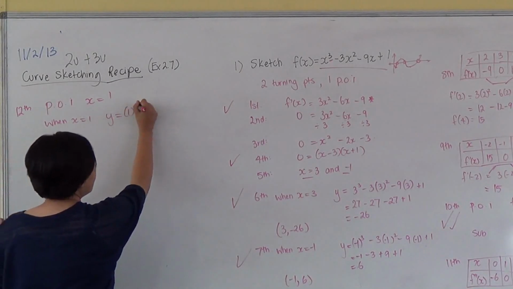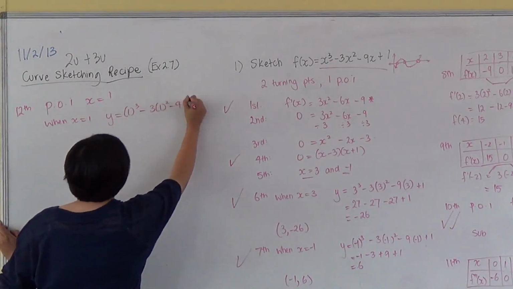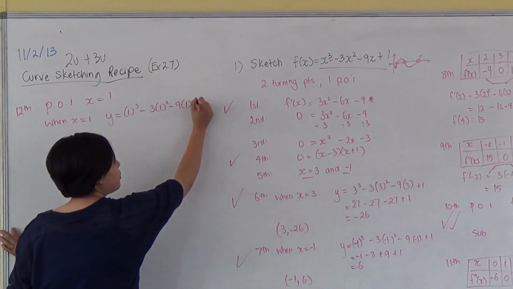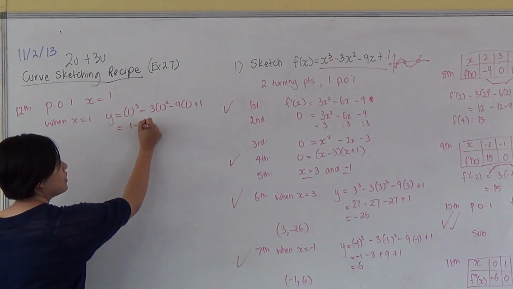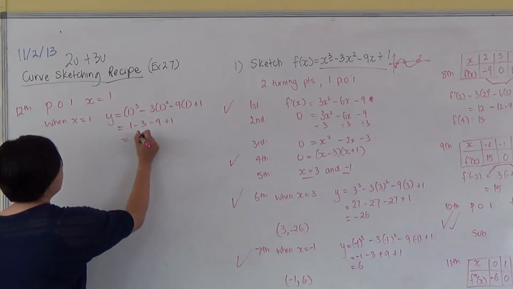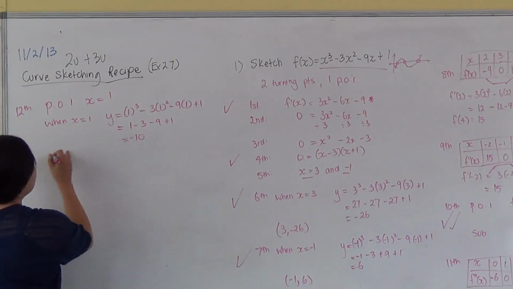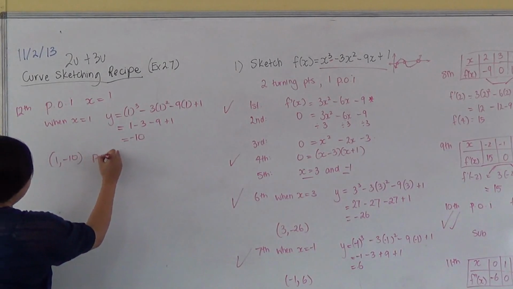So substituting it into the original. Just be careful that you're always substituting it into the original when you're solving for coordinates. What is it? Negative 10. Okay, so our coordinates are 1, negative 10. And that's our point of inflection.